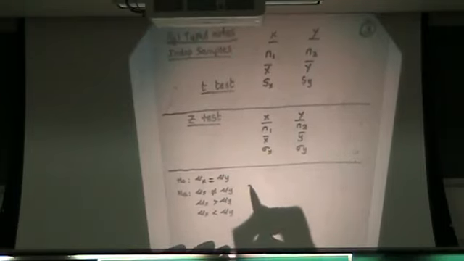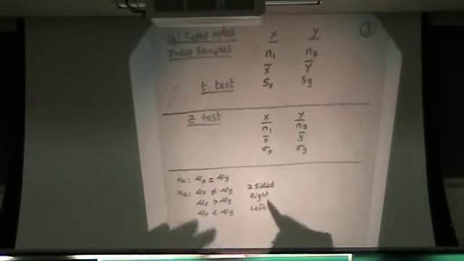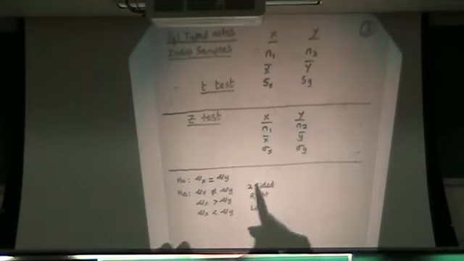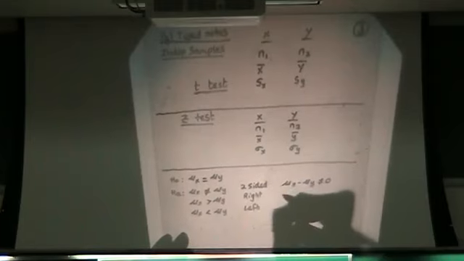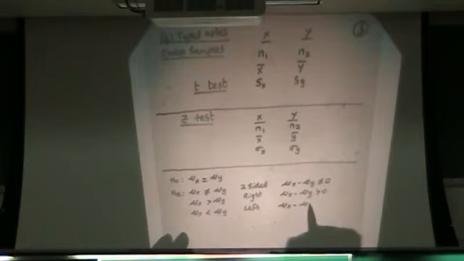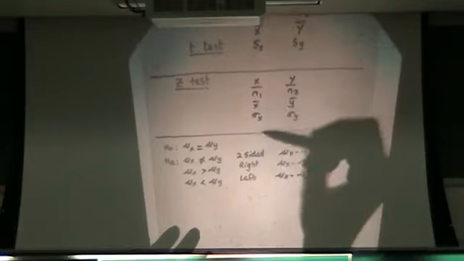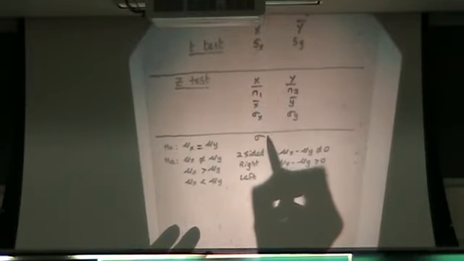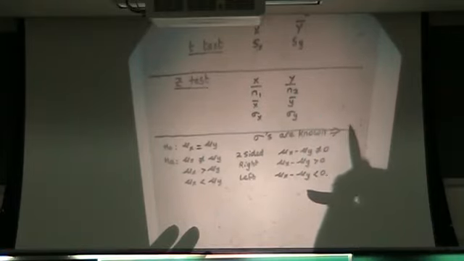So again, two-sided, right-sided, left-sided. And again, I bring the stuff to the left side just like I did in the last example. So this would be mu x minus mu y not equal to 0, mu x minus mu y greater than 0, and mu x minus mu y less than 0. And let's say that I'm talking about this case where sigmas are known. Sigmas are known. So I will be doing a z-test.